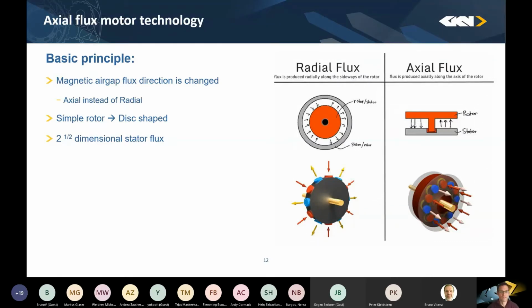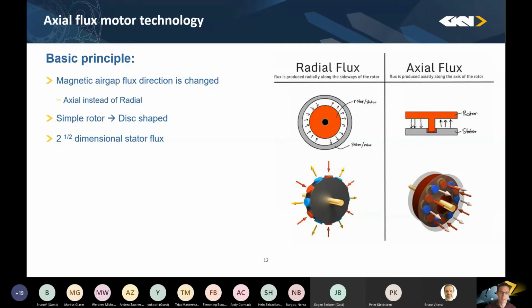So most of you will know conventional motors, which are also called radial flux motors, because there the magnetic flux in the air gap is going into a radial direction. So you either have the stator inside or outside, and the flux goes in the radial direction. Compared to that, with the axial flux motor, we skip the magnetic flux by 90 degrees so that it's an axial magnetic field in the air gap, and therefore the design of the motors is quite different.